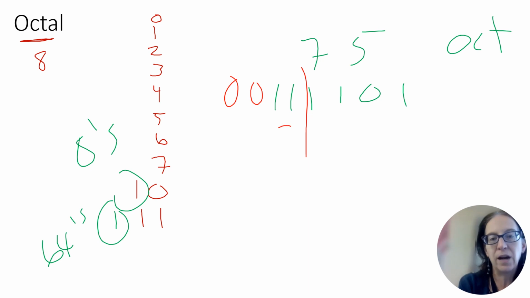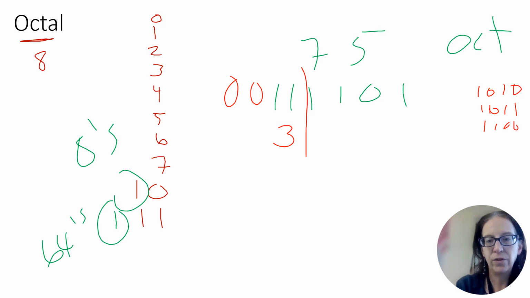So this would be 3 and 13. A, B, C, D, so 3D. I think I would do that because binary is the faster of the 2 ways to do that.